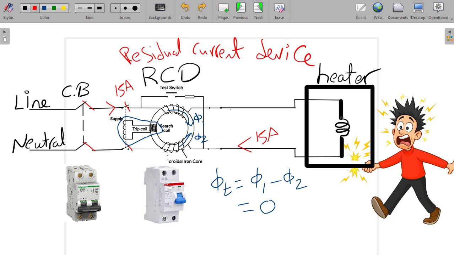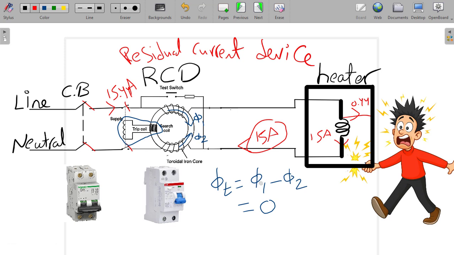Here, if there is a leakage that will come to my body, so we have to change this current. The current now is equal to what? It's equal to 15.44 ampere. And it will go 0.44 to my body, and 15 ampere will go to the heater and will return back here as 15 ampere. So now, as you can see, phi 1 is according to 15.44, but phi 2 is according to 15 ampere only.